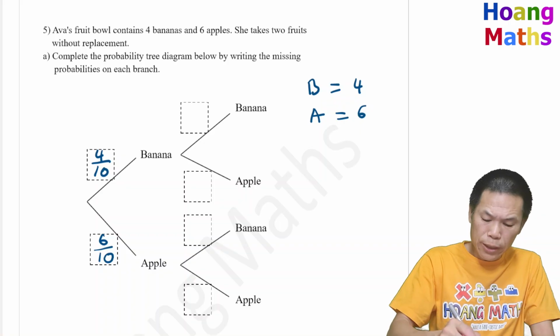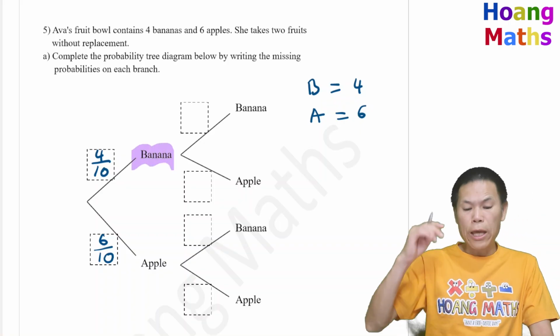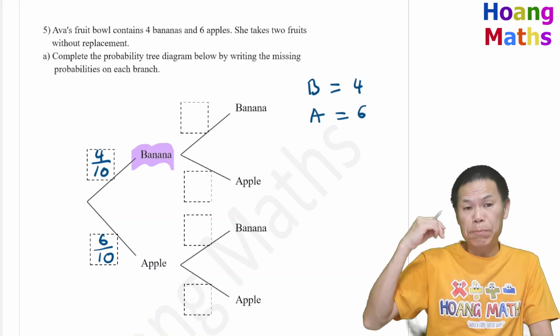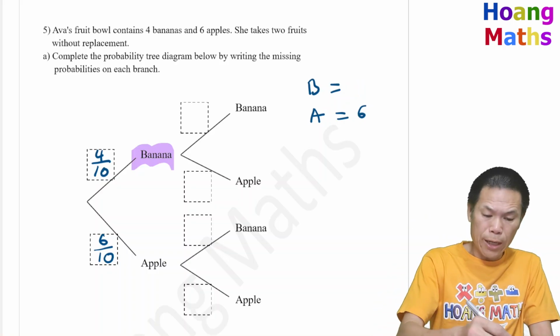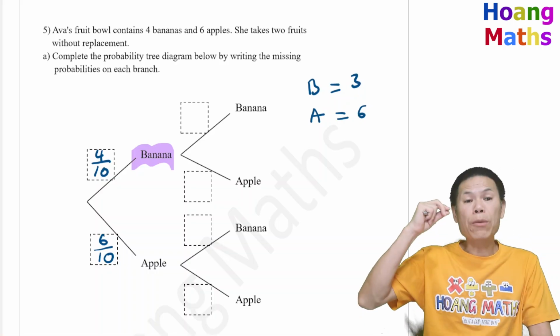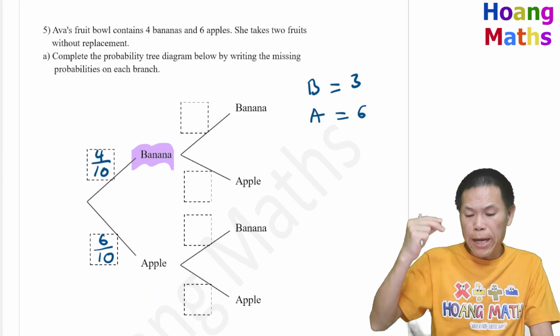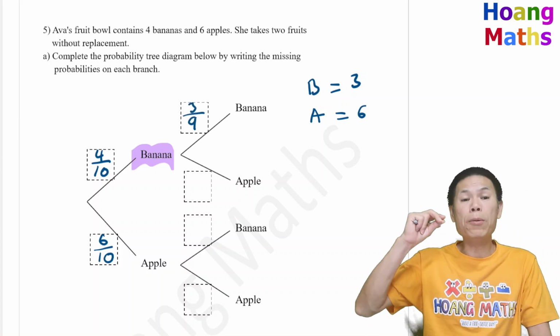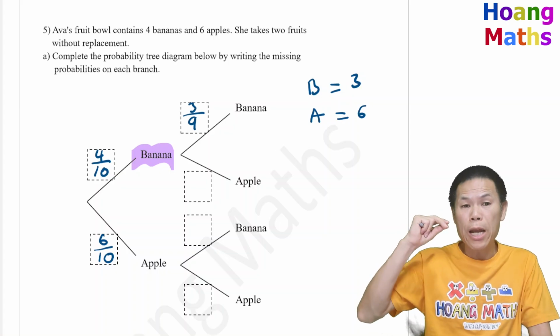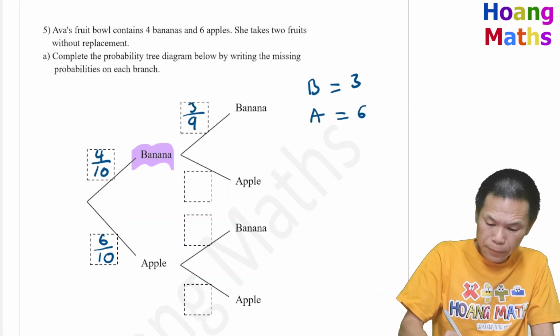If the first fruit is a banana, then the count of bananas for the second pick should be 3. The probability of getting a banana will be 3 out of 9, and the probability of getting an apple will be 6 out of 9.